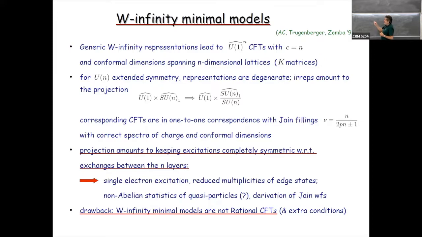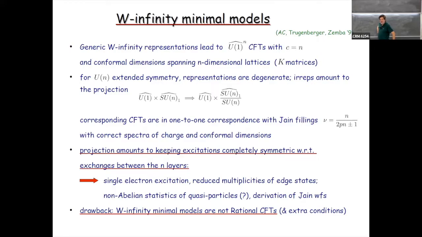So in general affine SU(N) has central charge much bigger, but level 1 can be realized by abelian fields. So it's just an extension, and then you can project this way. So there are some features of, yes, please.